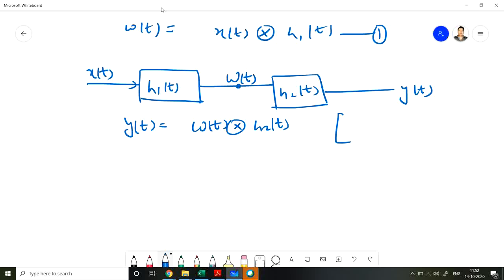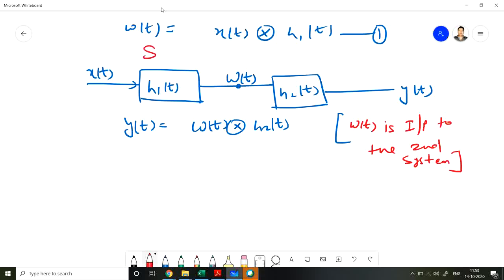Why is it happening? Because this w(t) is basically the input to the second system.